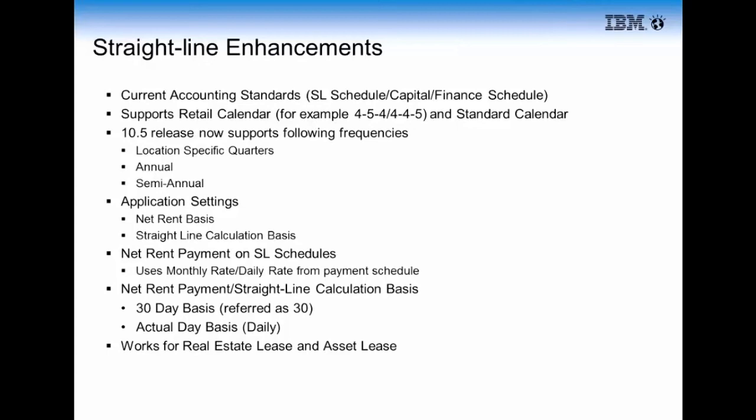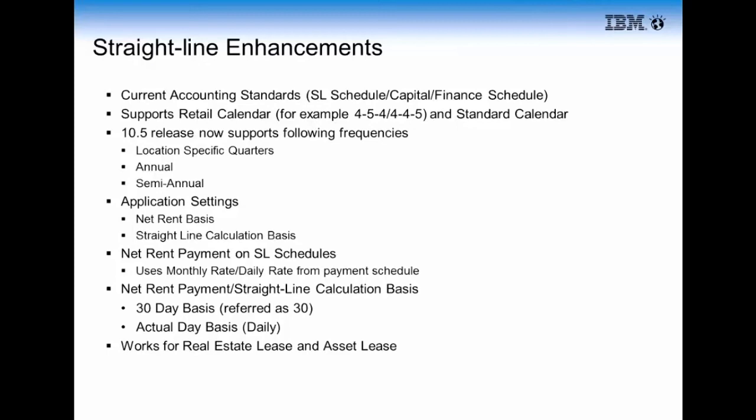we have to calculate a monthly rate and a daily rate from the payment schedule. Just bear in mind, this monthly rate and daily rate is different from the one that we calculate when we are generating the schedule. The options for net rent and straight line basis are 30-day basis, which we usually refer to as 30, and actual day basis, which we call daily.